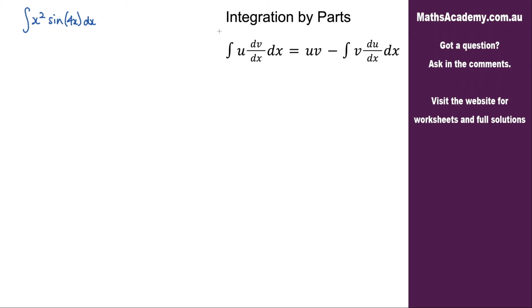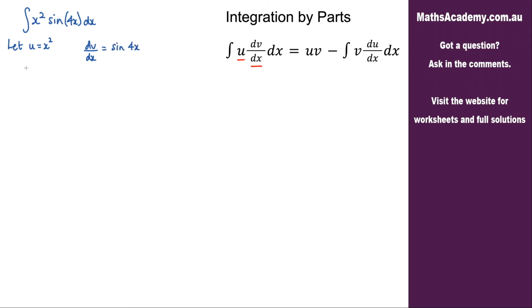Now the first thing we need to do is to assign the u and dv by dx terms. Let's go ahead and let u equal x squared, and therefore dv by dx will be equal to sine of 4x.